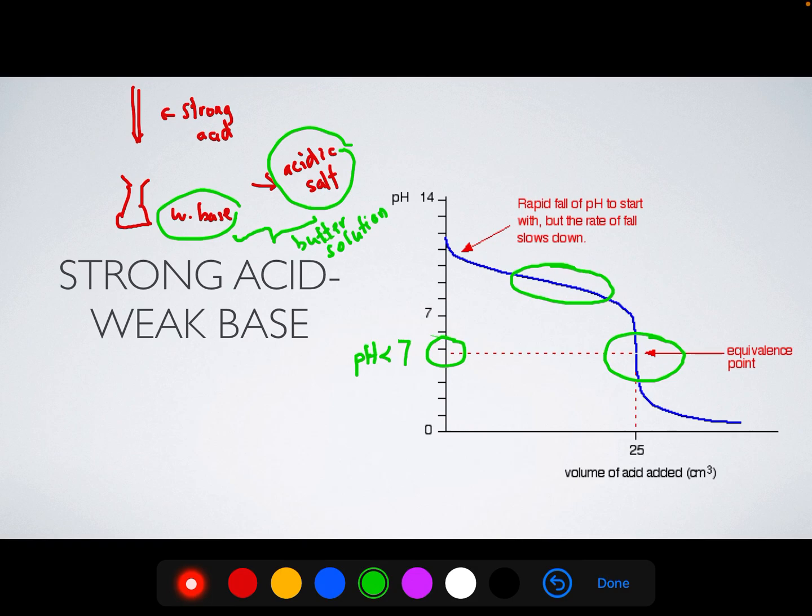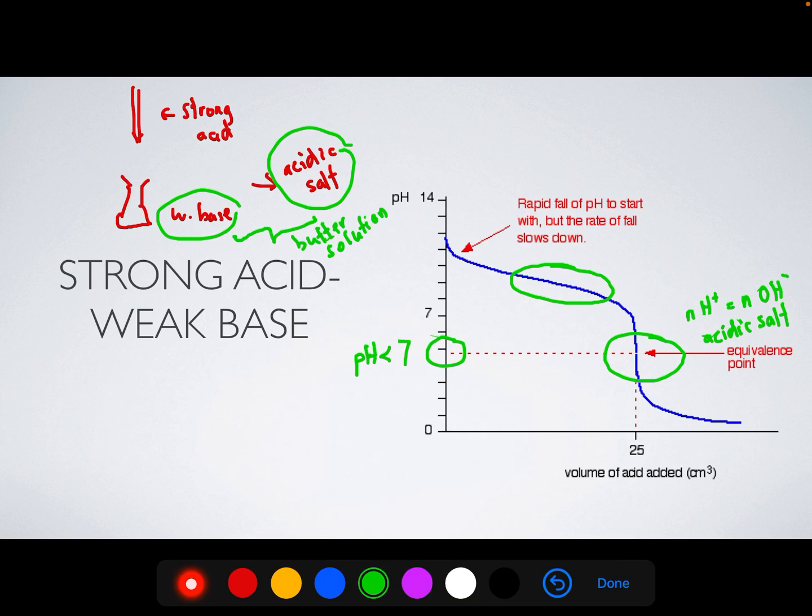Kenapa pH dia kurang daripada 7? Kerana walaupun number of mole of H plus is equals to number of mole of OH minus, tapi salt present at that moment is acidic salt. Salt yang terhasil semasa equivalent point between H plus and OH minus ni ialah acidic salt. So acidic salt ni, if you still remember, when it undergoes hydrolysis, dia akan menghasilkan H plus.